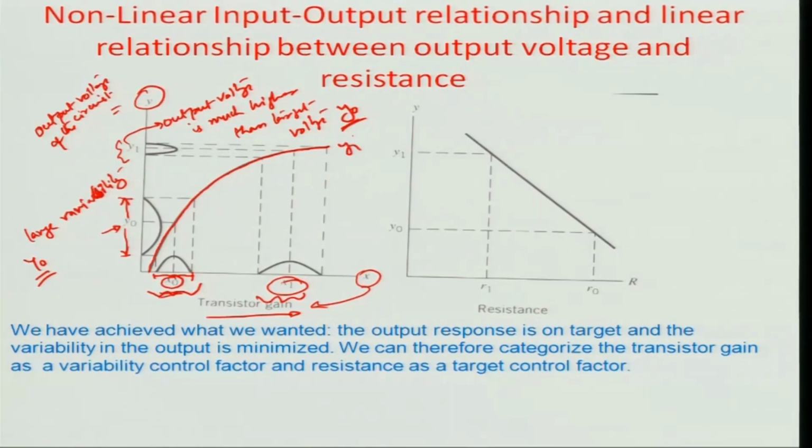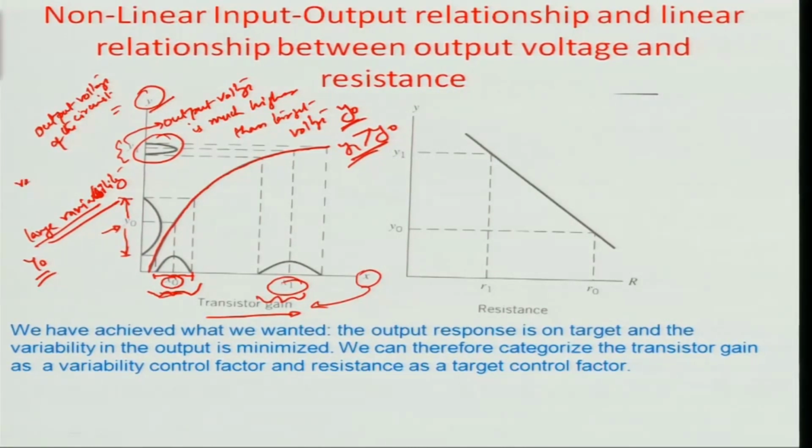So this Y1 is quite higher than Y0. However, the variability level at Y0 was very high, but the variability level here, because of the nonlinear relationship between the transistor output voltage and the gain, is reduced a lot.